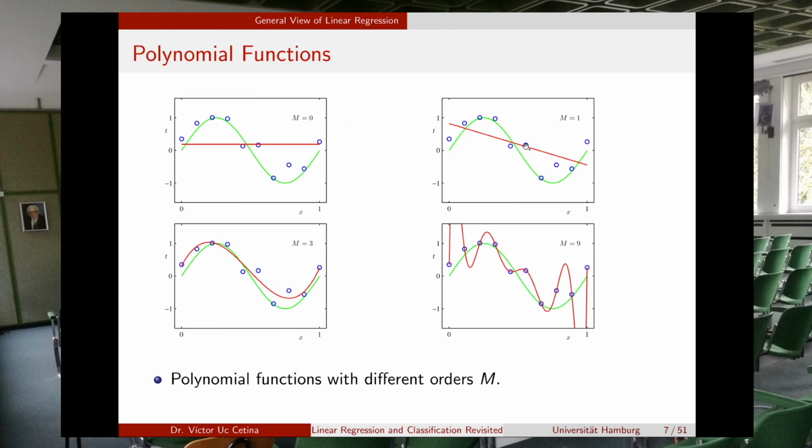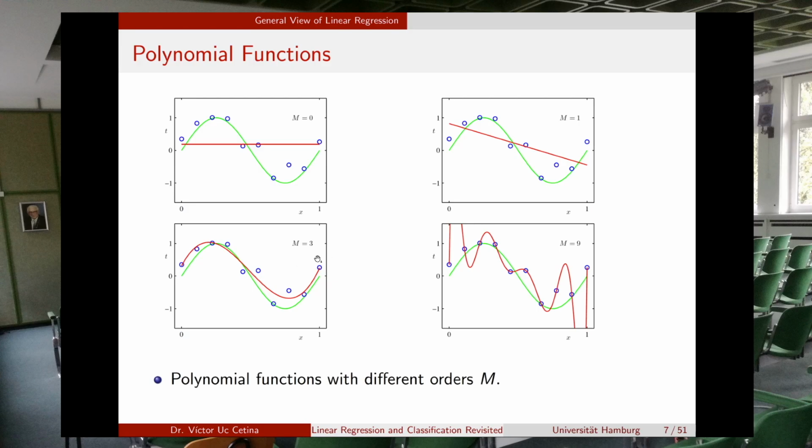If we increase the degree of the polynomial, then we can have some slope, but it is still a very simple model for the data that we want to fit. An optimal degree would be 3. In this case, we approximate the points very well.